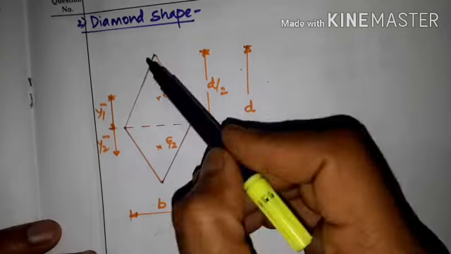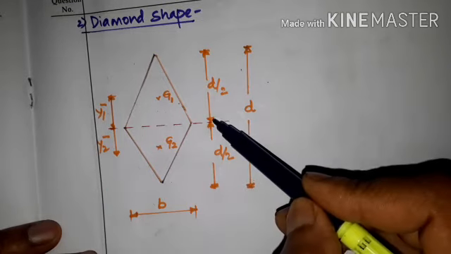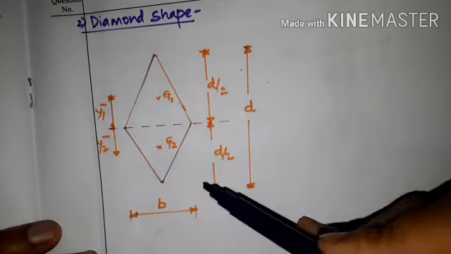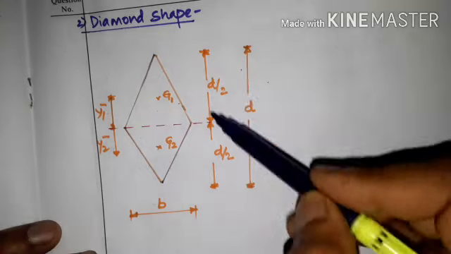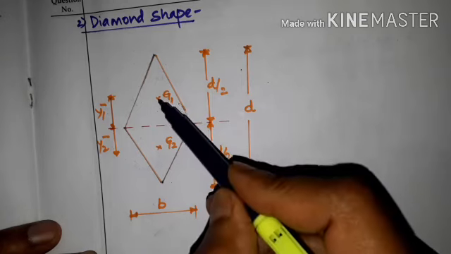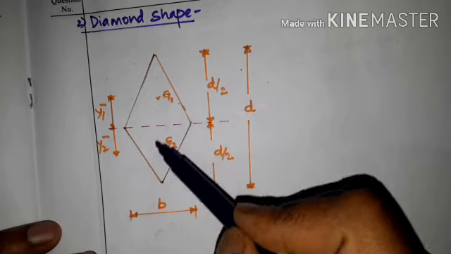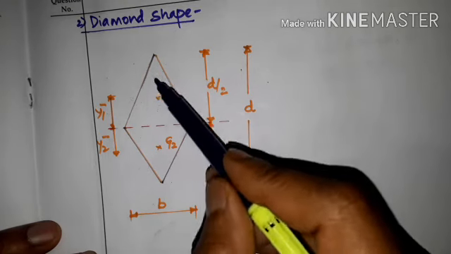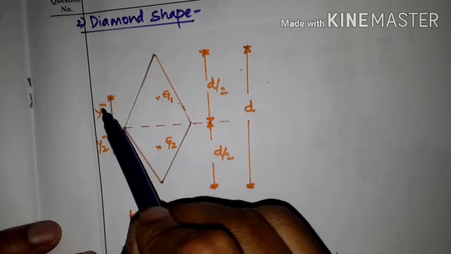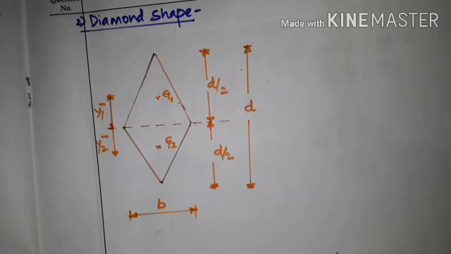So this is the diamond shape with a depth D, and again it is a symmetrical section divided at D by 2, with a width B. The centroids are G1 and G2, G1 for the upper part, G2 for the lower part, and for that Y1 bar and Y2 bar, the centroidal distances from the neutral axis or equal area axis.